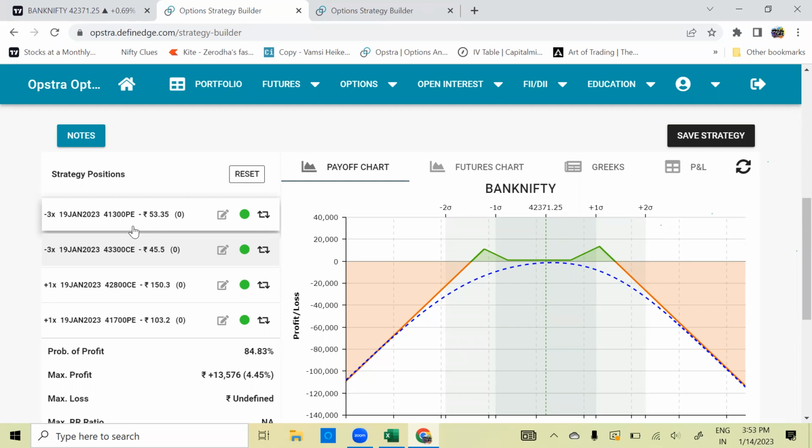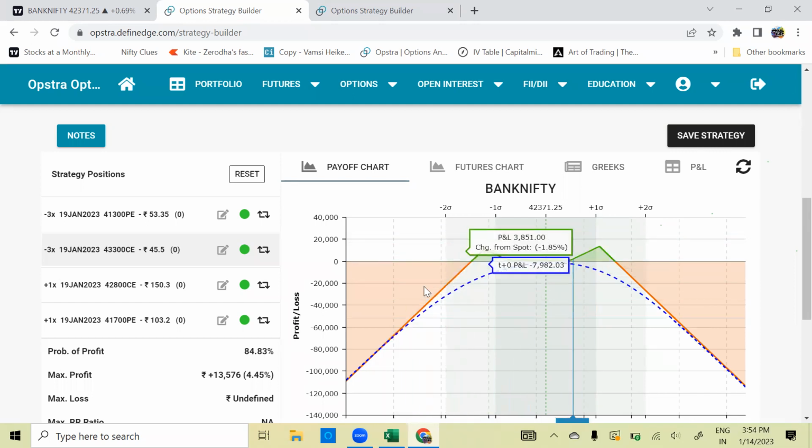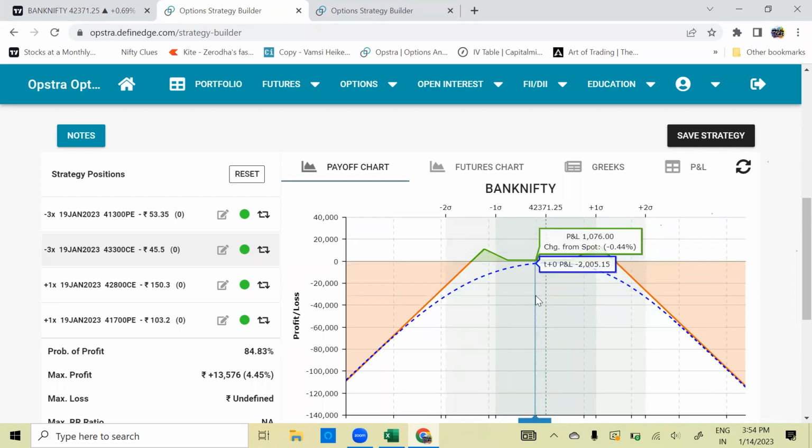That is the only difference. It's not about the price. Strikes and everything depend on how far it is trading from the present spot.